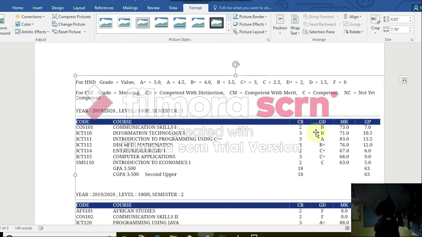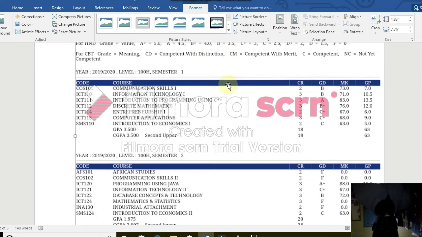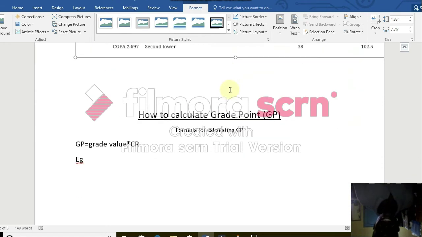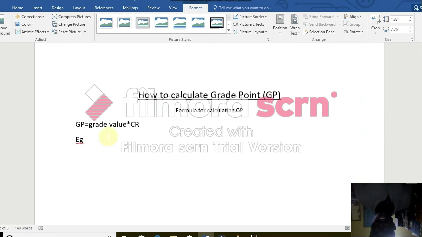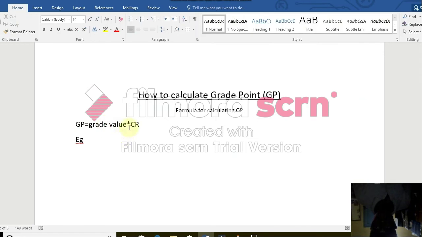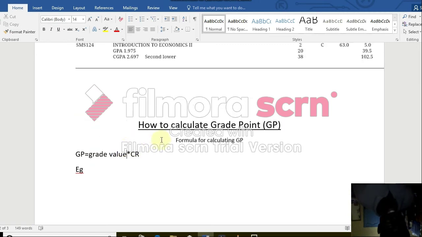Looking at the grade value for B, which is 3.5. Now, to get the grade point, which is the GP, you need to multiply the grade value by the credit hours of that particular course.